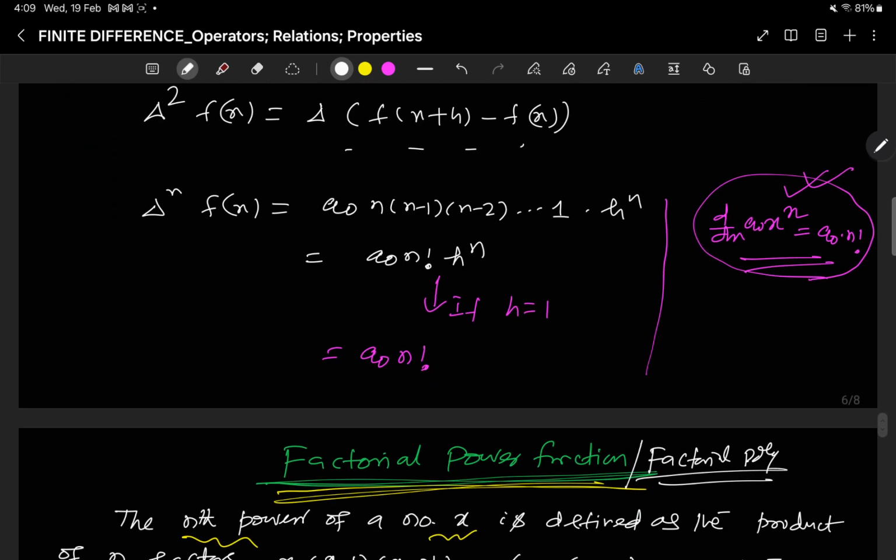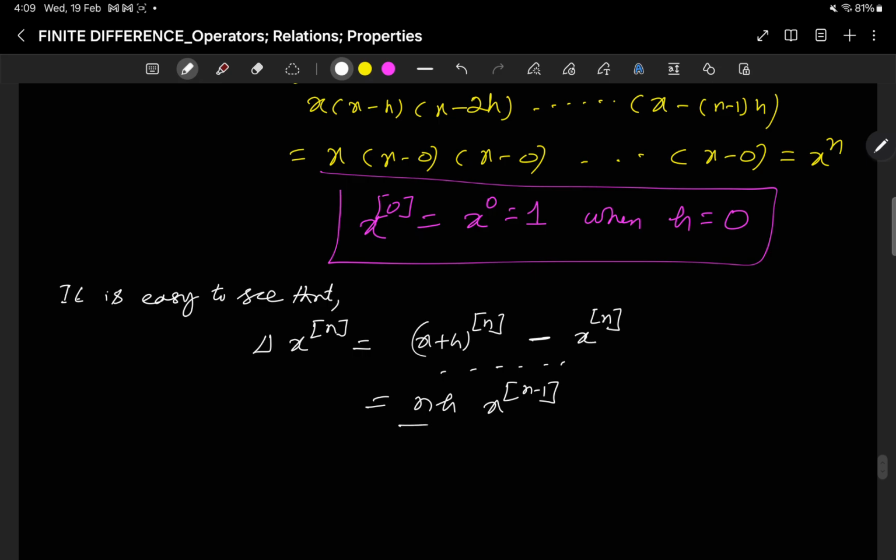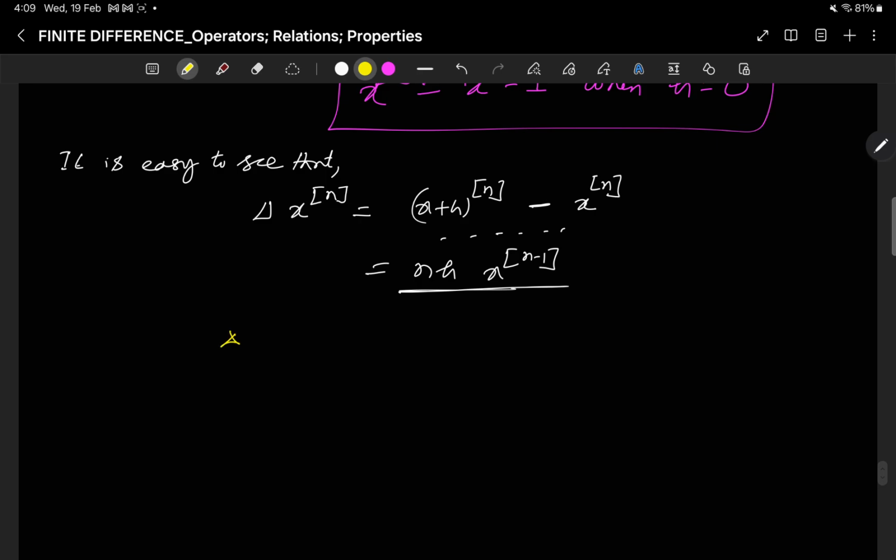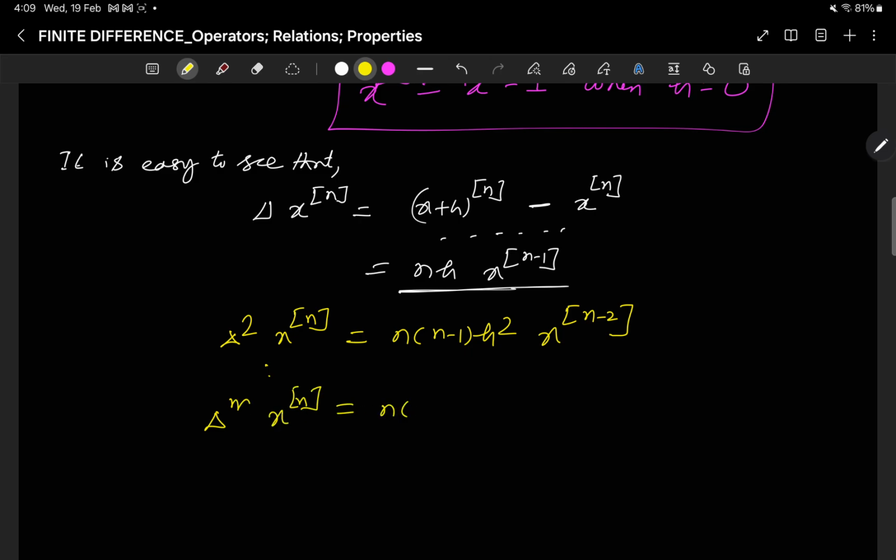So here it will be n h x factorial power n minus 1, and accordingly if I continue, Δ² x factorial power n will be n into n minus 1 into h square x factorial power n minus 2. Likewise if we continue, Δᵐ x factorial power n will be n into n minus 1 up to n minus m plus 1, h to the power m x factorial power n minus m. Here m is less than or equal to n.